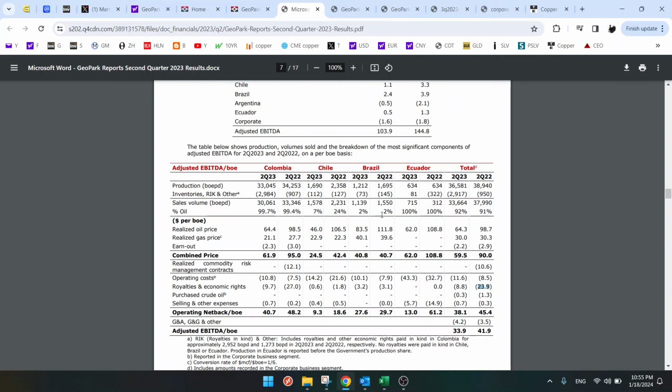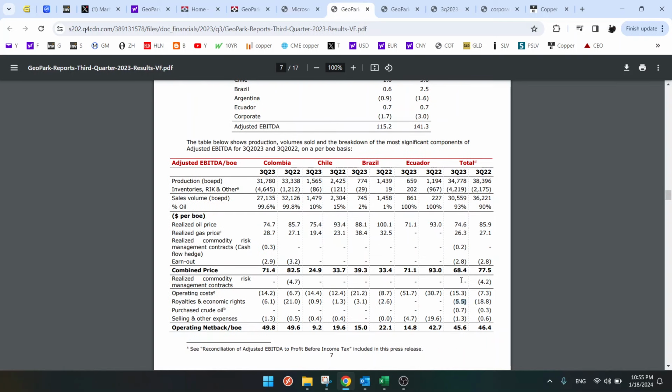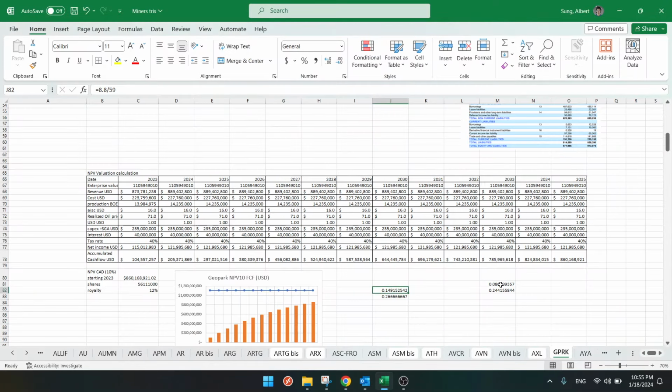Let's say we are at current price at 68, around that number. So the royalty is, let's say, 10%.